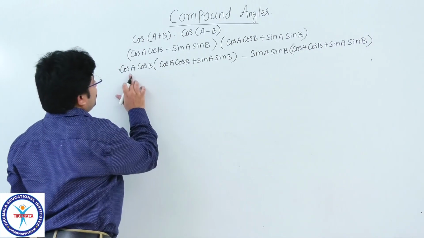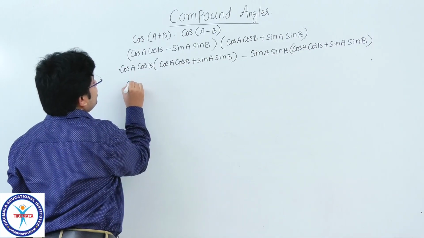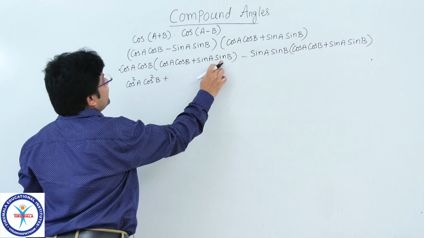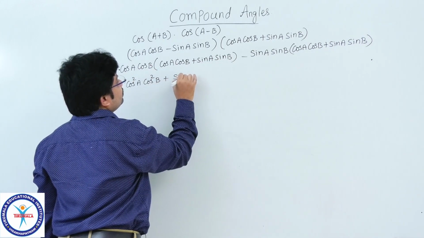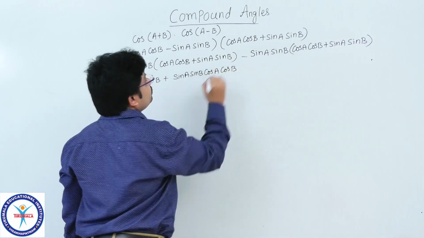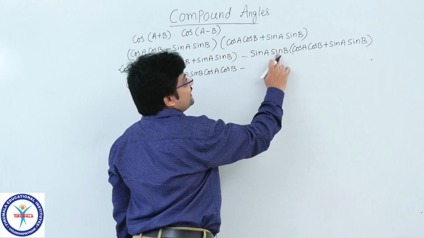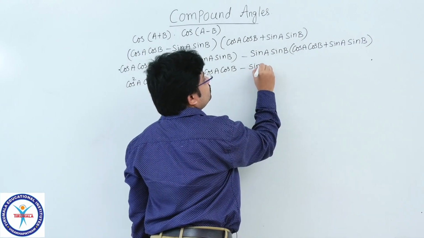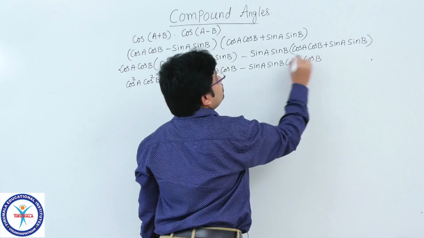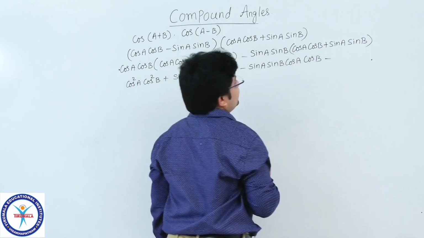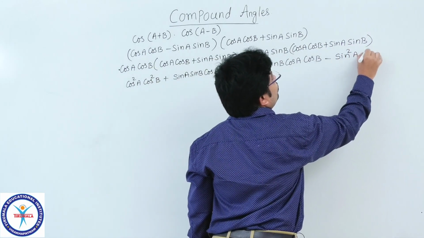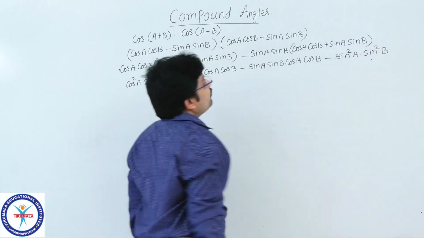Now let us simplify this one. Cos A cos B into cos A cos B is cos square A cos square B, plus sin A sin B into cos A cos B, minus sin A sin B into cos A cos B, minus into plus, it is minus sin A sin B into sin A sin B, sin square A into sin square B. What do you observe here?